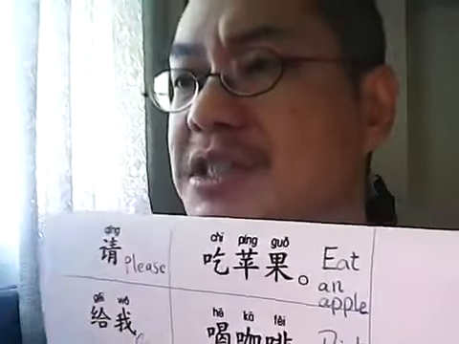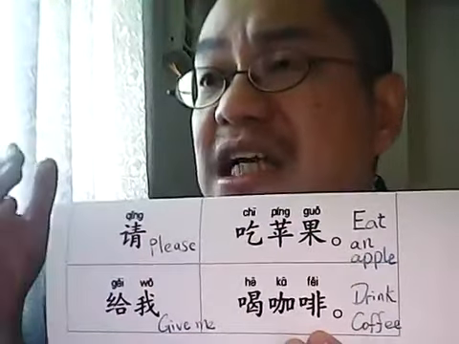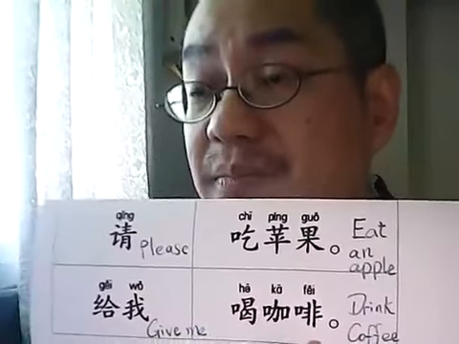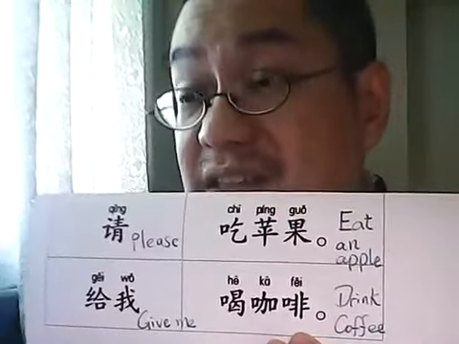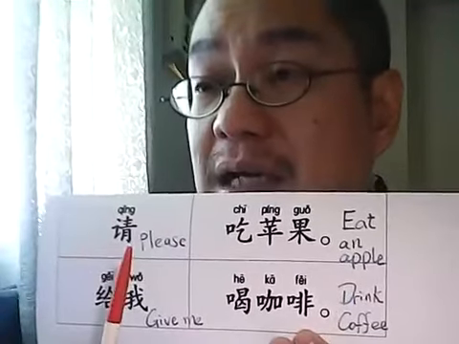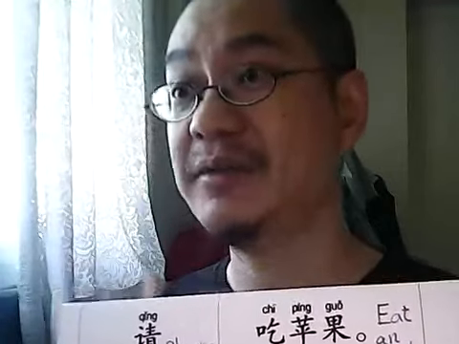Okay, so I want to tell you two different tones in an imperative sentence. First of all, we are educated, we are a polite person, right? So every time when we talk to people, we need to be polite.